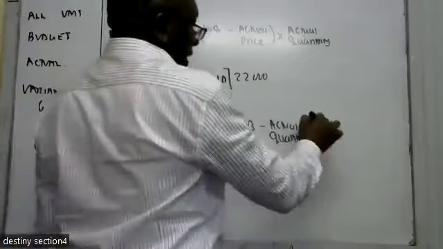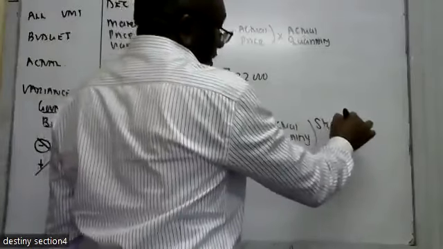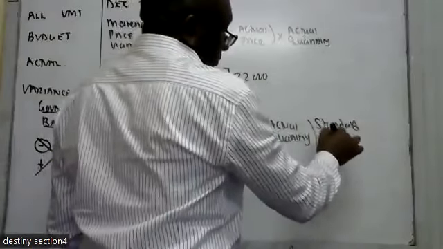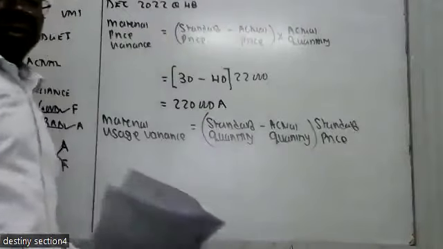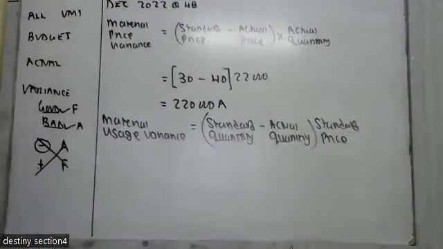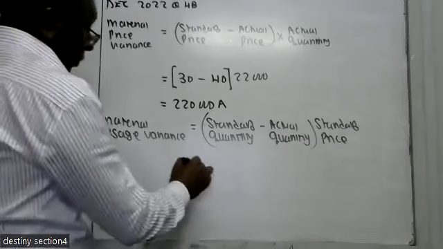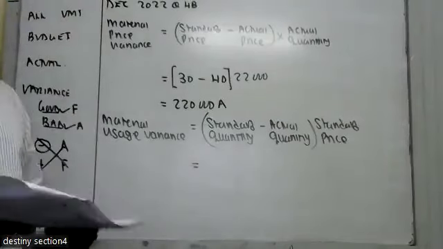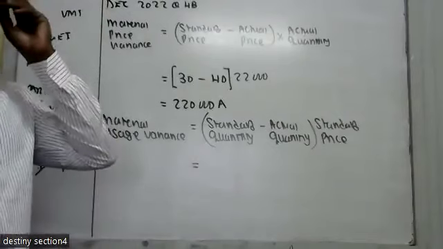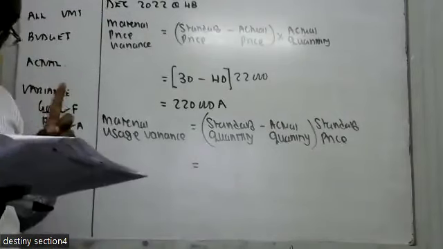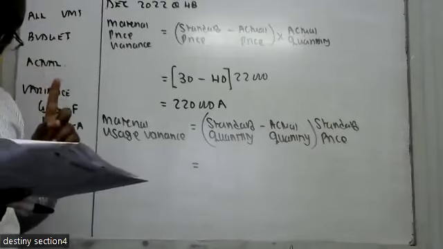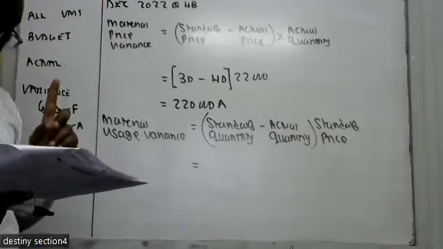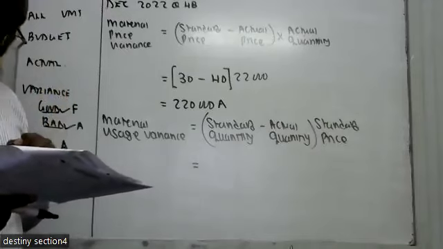You multiply by standard price after you close the brackets. Now, standard quantity is obtained by first of all looking at the standard cost, and we realize 1 unit of our product is going to be how many square meters.